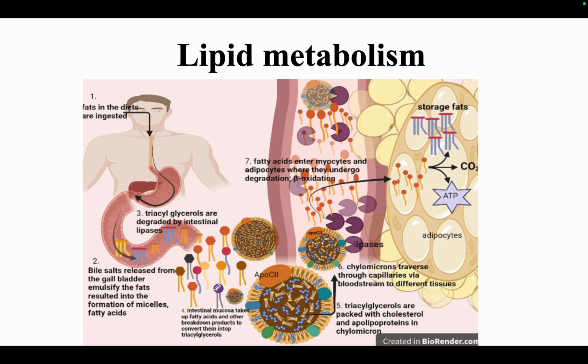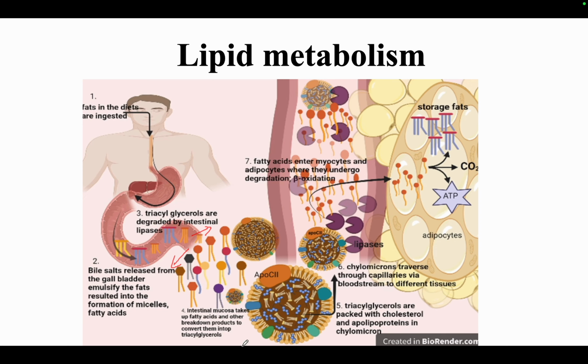These are the degraded forms of huge lipids, large molecular lipids, and these degraded forms are taken up by the mucosal intestinal linings. Then they are taken up into the bloodstream from here.